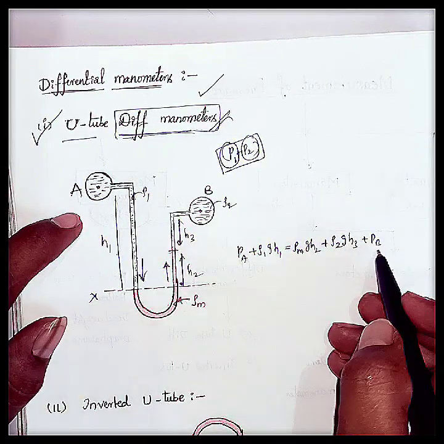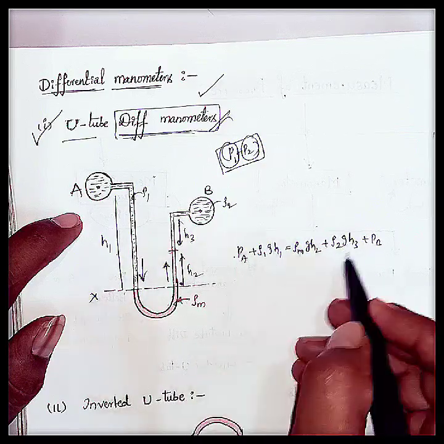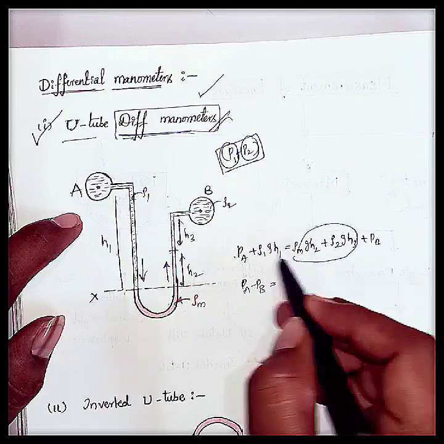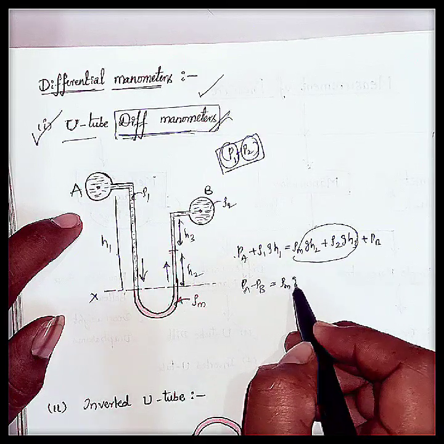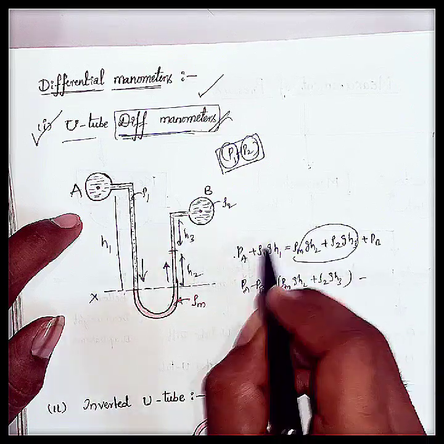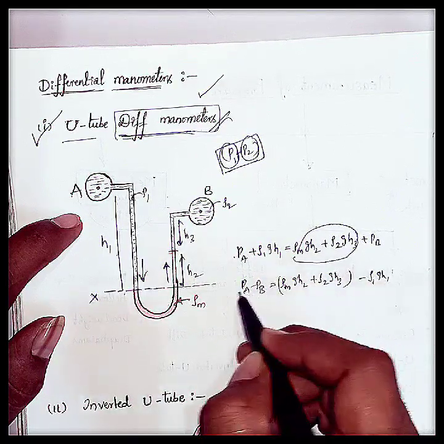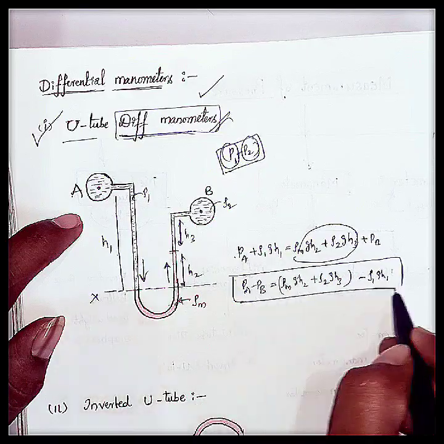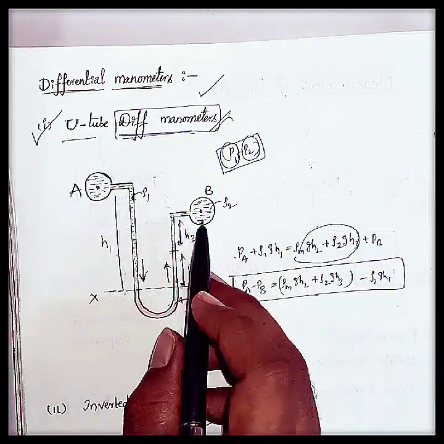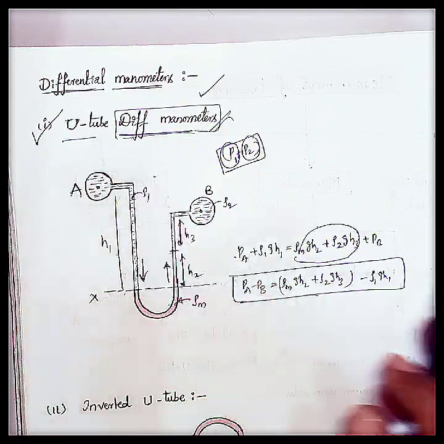Here we want the pressure difference between PA and PB. PA minus PB equals this value minus this value, that is rho m g H2 plus rho 2 g H3 minus rho 1 g H1. This is the pressure difference between pipelines A and B. Like this we will measure the pressure difference between these two pipes with the help of the U-tube differential manometer.